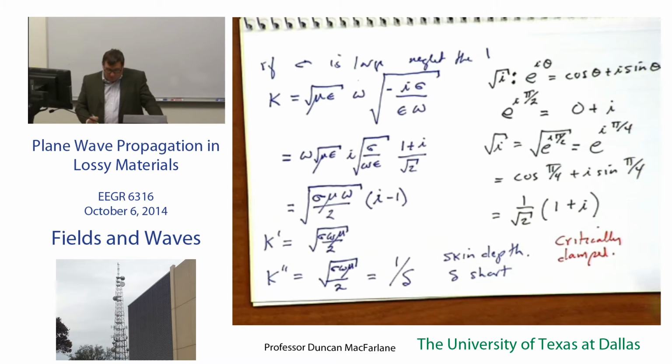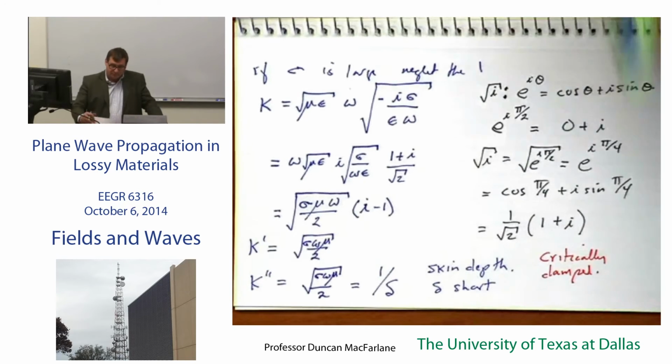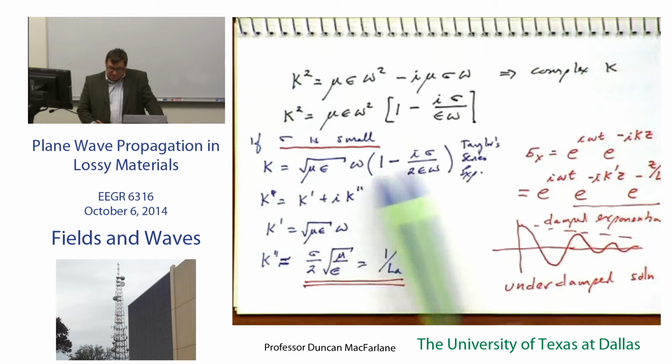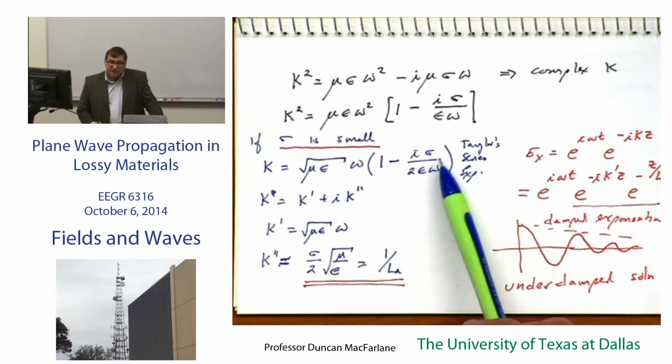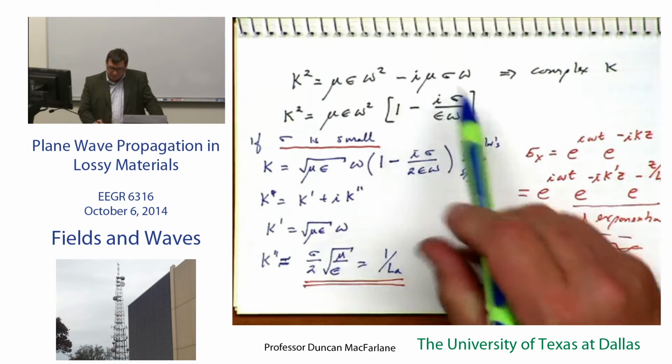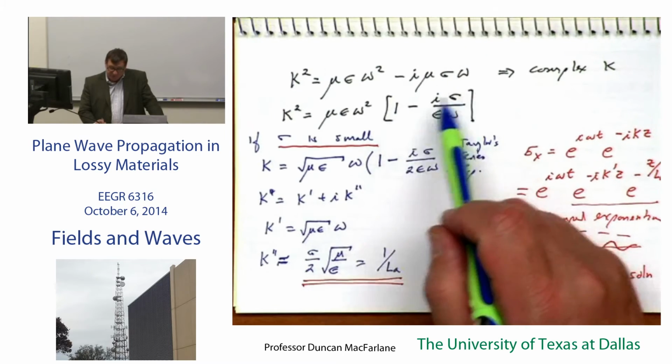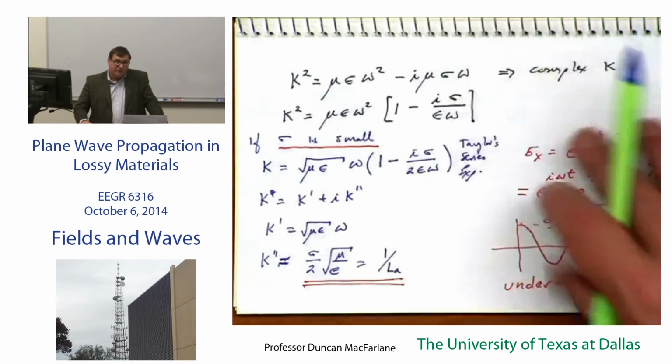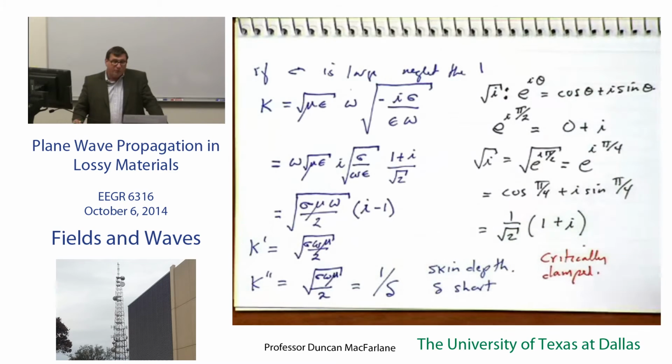But what's really interesting is, regardless of frequencies, regardless of sigmas, as long as sigma beats out this one, regardless of the frequency, the wavelength adjusts so that the k prime and the k double prime are the same. And I have some semblance of critical damping going on in there.